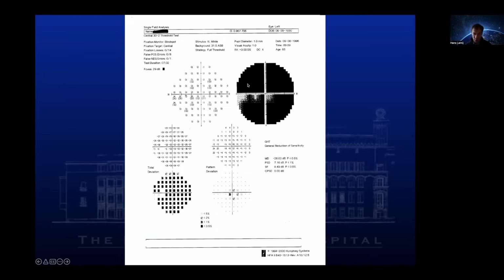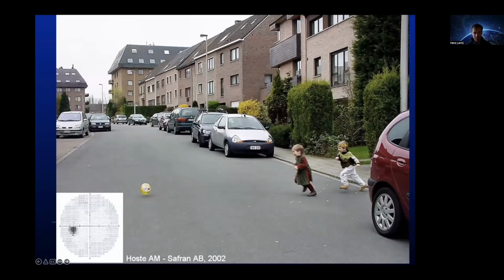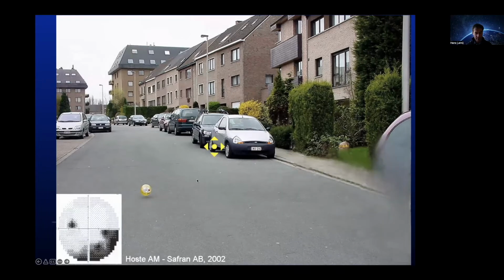Now, this is not what the patient experiences. The patient doesn't experience a black blob. To understand what the patient experiences, we look at these world-famous pictures of 2 kids crossing the street, running after the ball. And this is what actually happens. But if someone with glaucoma who has inferior visual field damage looks at this scene, you see that the kids disappear.